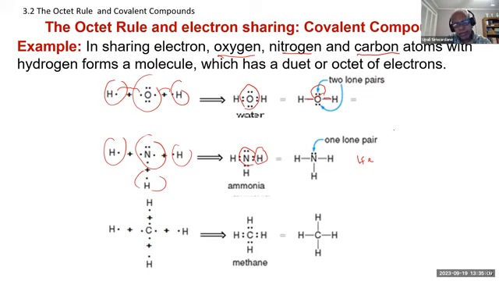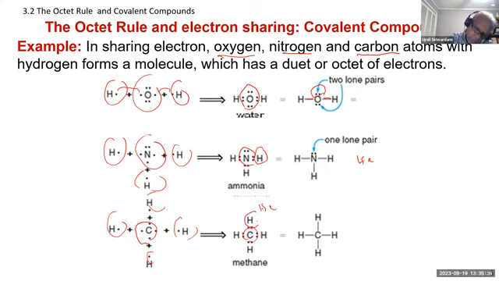So in methane, natural gas, carbon has 4 valence electrons. It shares with 4 hydrogens and produces an octet for the carbon and a duet for the hydrogen. A duet is the same as helium.